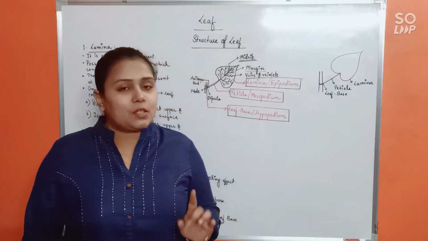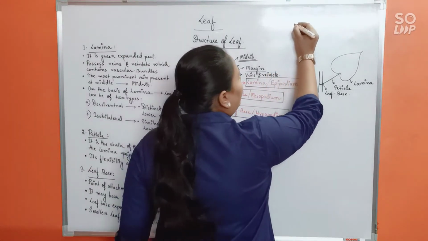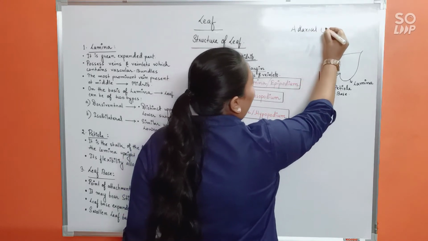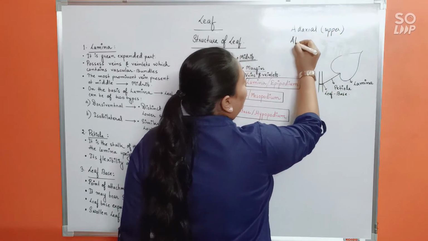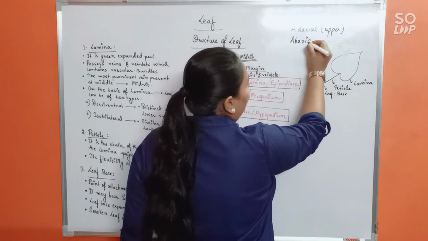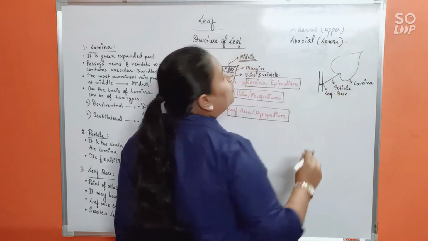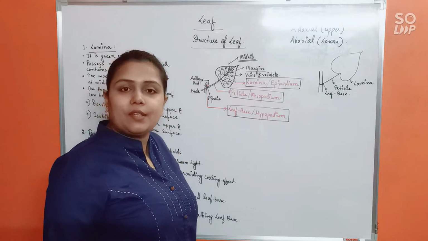The upper surface is called the adaxial surface. Mark the spelling here, adaxial. Adaxial surface or upper surface, and abaxial surface or lower surface. Alright. So the lamina has two surfaces, upper surface and lower surface, right?